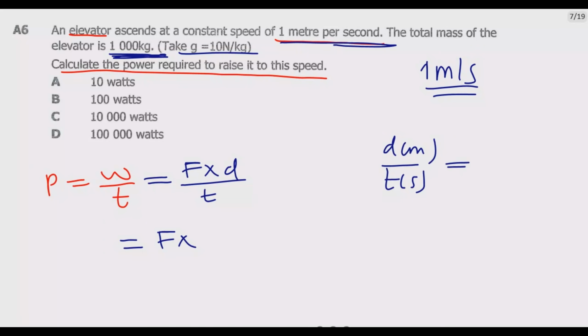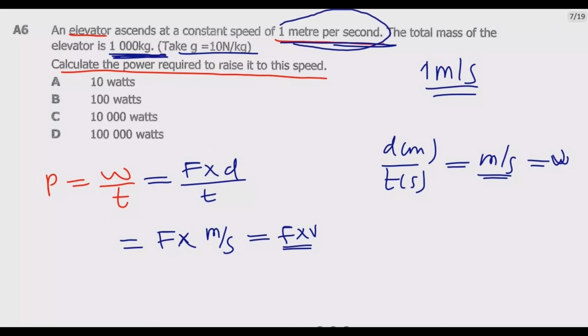So we have meter per second, which is the same as velocity. Meaning force multiplied by meter per second is the same as force times velocity. So this is velocity, which is the speed. Then you can find the force from this one.